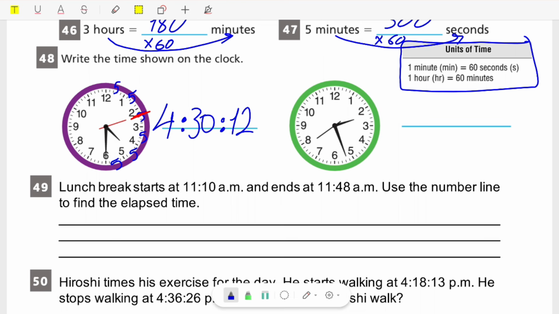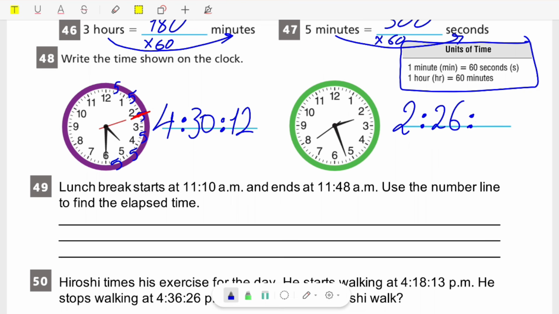The next one. Here the hour hand lies between 2 and 3, so we take the number before, which is 2, and then we calculate the minute hand. The minute hand lies between 26 and 27, and we said if it lies between two numbers, we take the number before, so it will be 26.